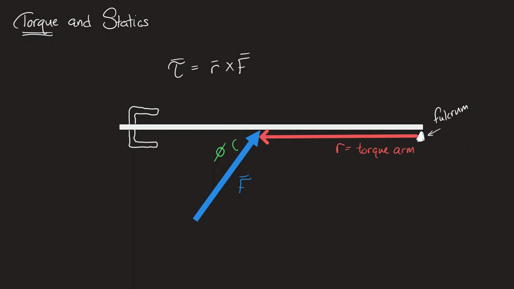Now, just a brief aside, it was work that used a similar vector product, but it was the dot product. We just had to make the dot nice and big. You remember that from first semester? When it came to work, forces in the direction of motion were more effective at doing work.